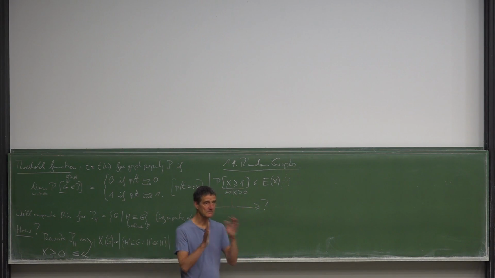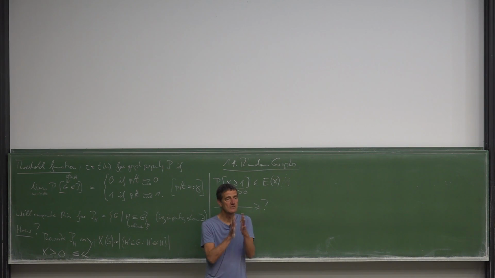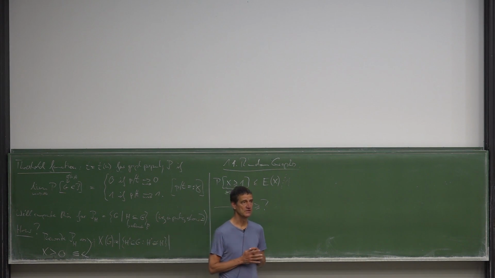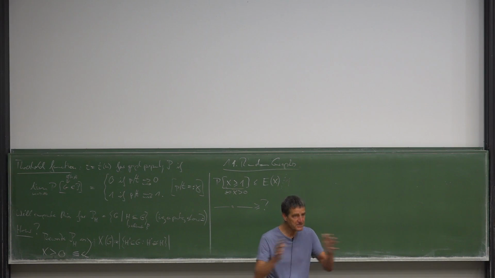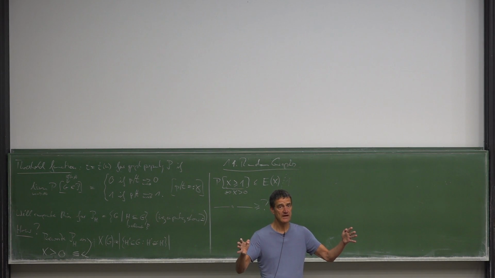Let's think. Suppose we know the expected value of X. What can we deduce about the probability, the measure of the subset of all those G where X is at least 1?